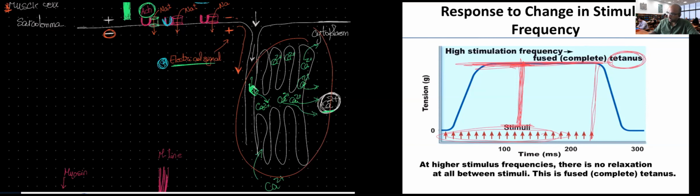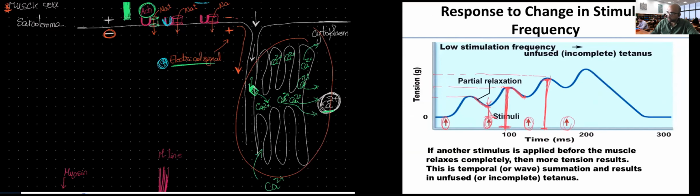All right, again, the higher the frequency of stimulation, the stronger the muscle contraction, as you are not allowing a complete relaxation to take place. So the amount of calcium available outside in the cytoplasm is going to be higher every time you receive a stimulus.